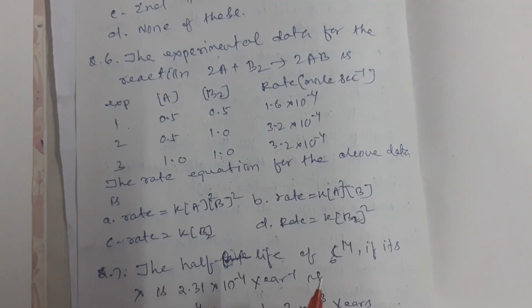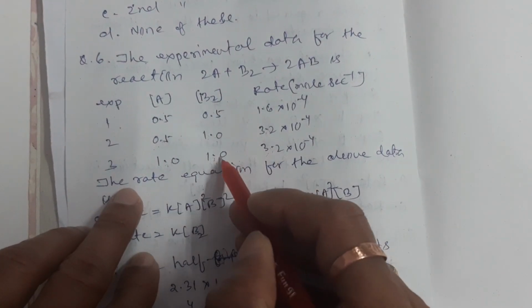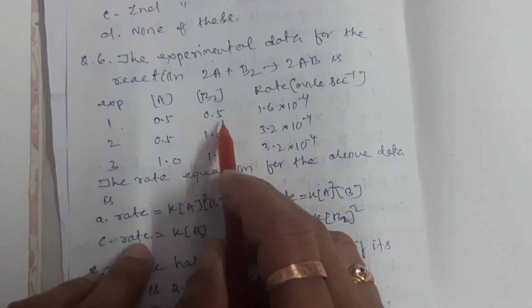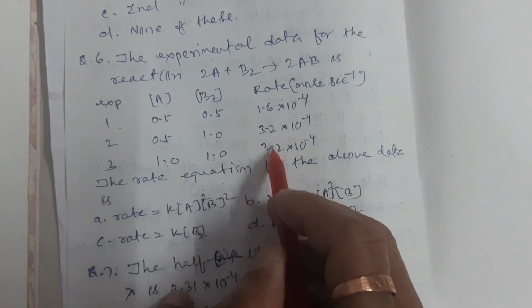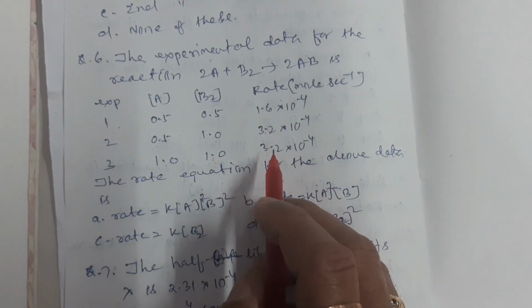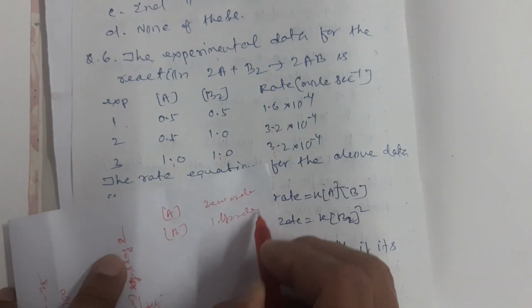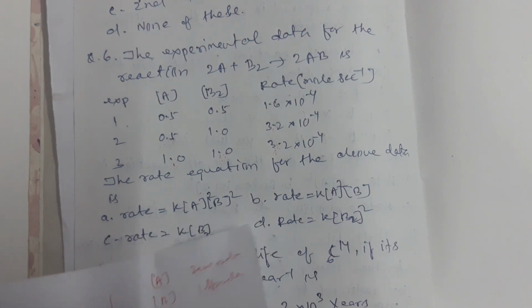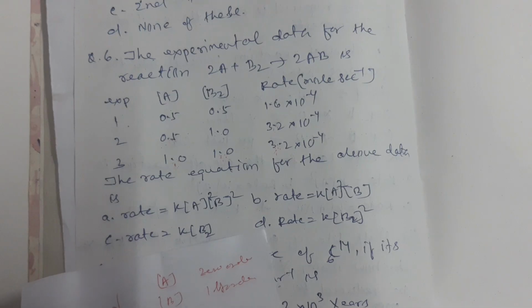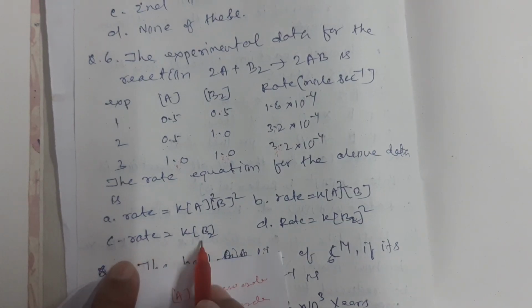When B concentration doubles, the rate also doubles. So with respect to B, the order of reaction is first order. Therefore you will write rate is equal to K B2, choice C.